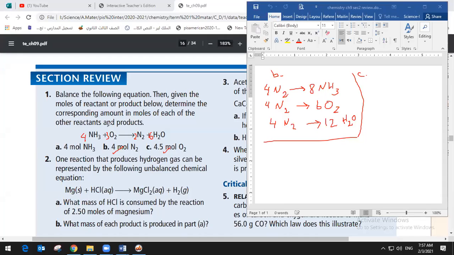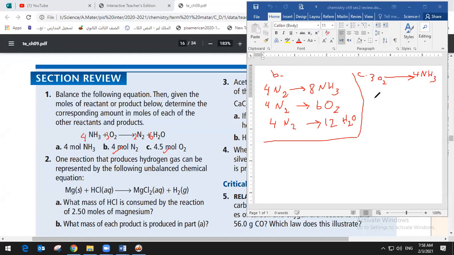So Ryan asks, what if we have 4.5 moles of oxygen? Let's start with the basic. If we have 3 moles of oxygen, producing how many moles of ammonia? 4. Good. So that's the basic regarding the equation.